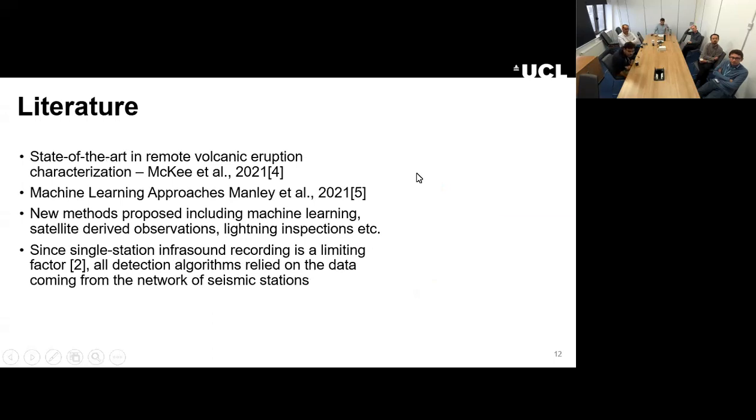And the newer works are mostly based on new methods like machine learning, some satellite-derived observations, lightning inspections, etc. Because they say single source infrasound recording, like what we are going to do, is a limiting factor for more sophisticated algorithms.